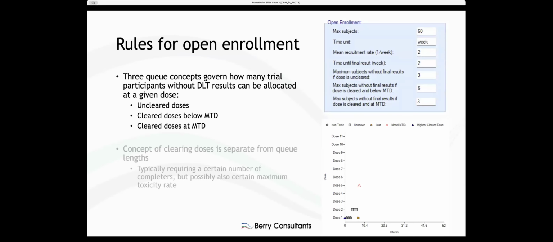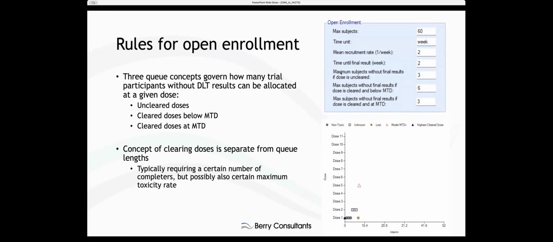Then we could have a queue concept of cleared doses that are below the current MTD estimate and cleared doses that are at MTD. These might not be super meaningful at the moment, but we'll see them later in action, and then I think they become much clearer. This is how it would look in FACTS, where we get to set these queue lengths.